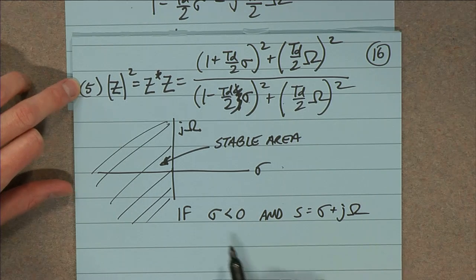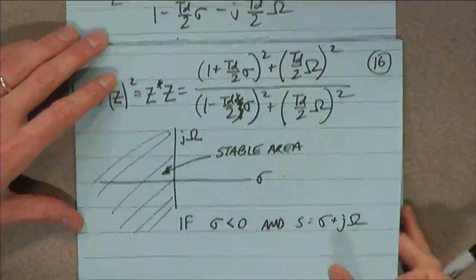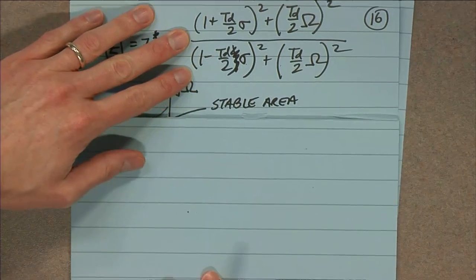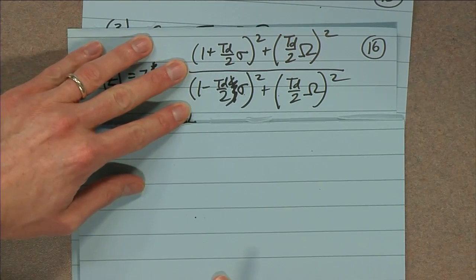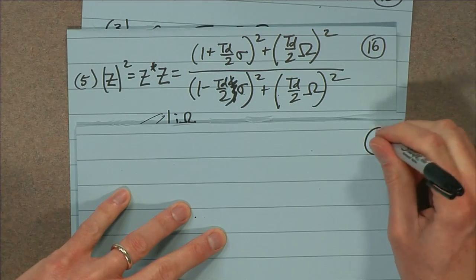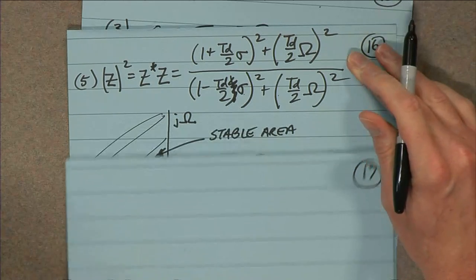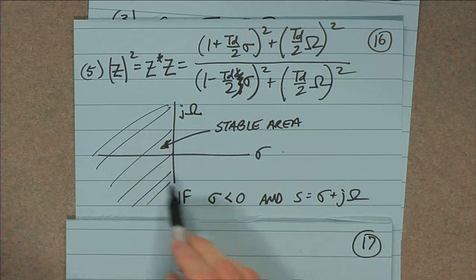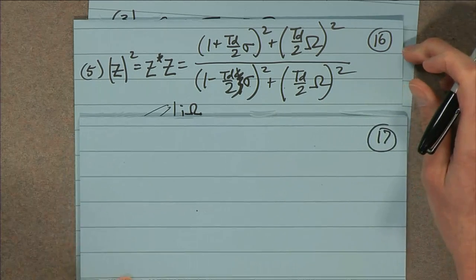Let's think about if sigma is always negative, what happens to these terms? What we want to do is evaluate this ugly expression under the condition sigma is less than 0. We're in the left half plane, and s is this general complex number.